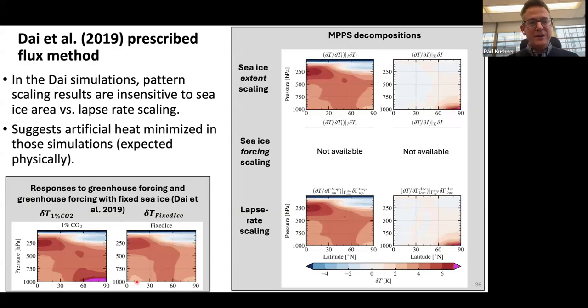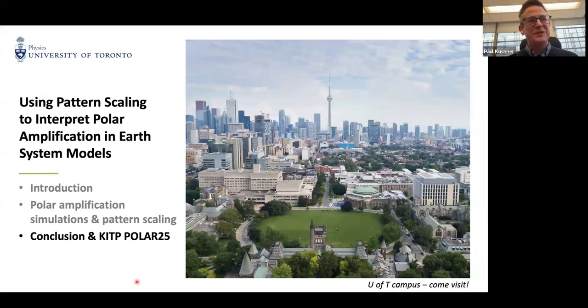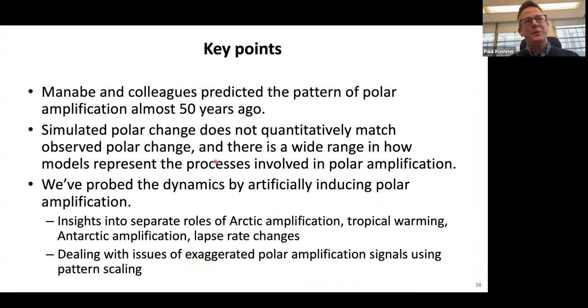Okay, so that was kind of a run through, but just to conclude, the key points: Manabe and others predicted the pattern of polar amplification almost 50 years ago. This is maybe a bit strong, but to say that simulated polar change does not quantitatively match observed polar change, and that models tend to underestimate. If they get the warming right, they tend to get something else wrong. So that's one of the issues that's come up.